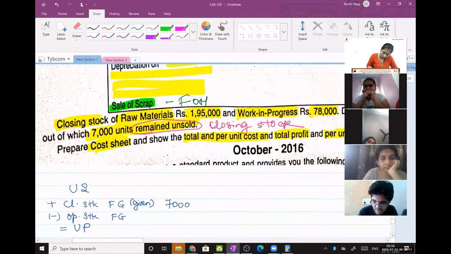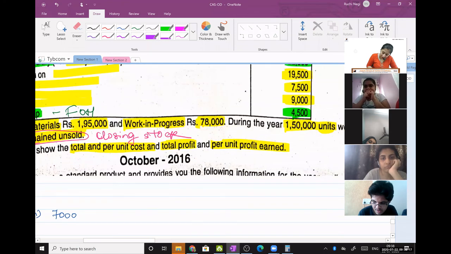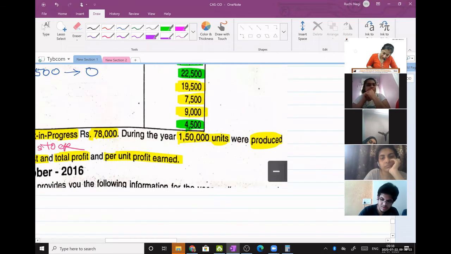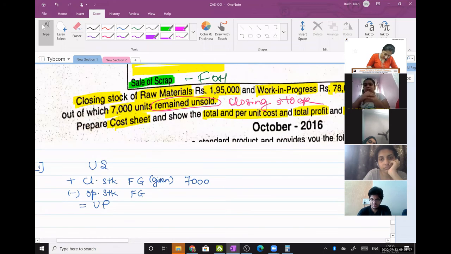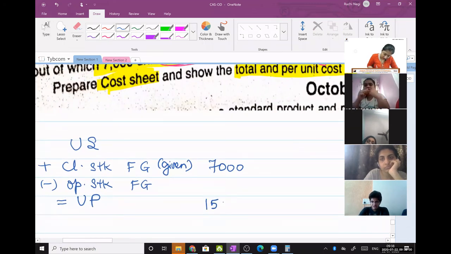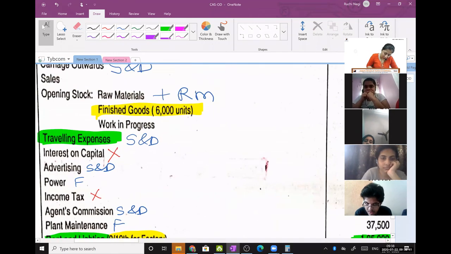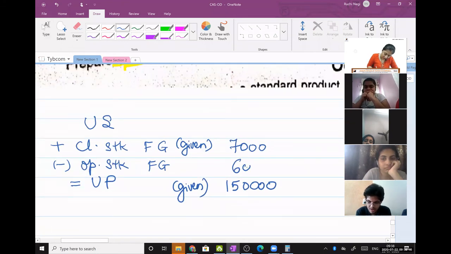Quantity, see the quantity, don't take the amount. We are calculating quantity. 1,50,000 is units produced. Correct? Yes, 1,50,000 units were produced. So here 1,50,000. This is also given. Let me check. Opening stock of finished goods is there, 6,000. So write it here, 6,000. Okay, given.